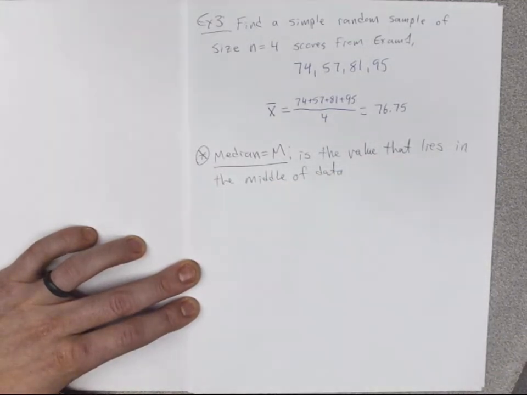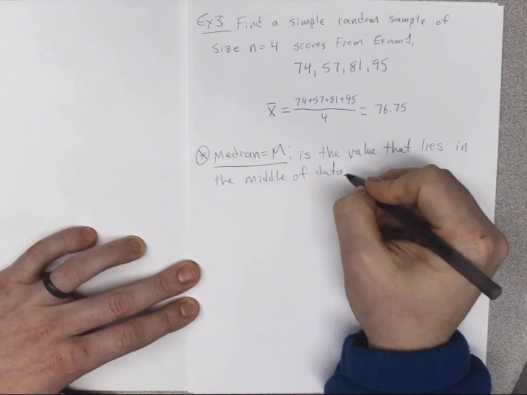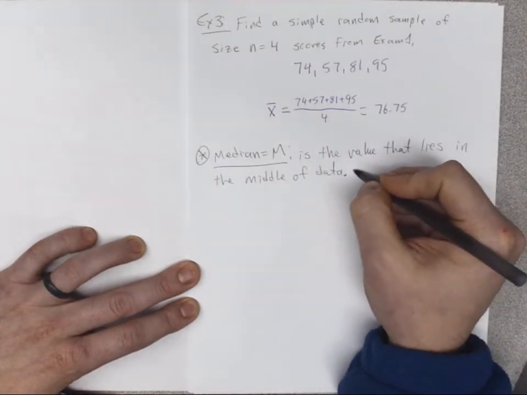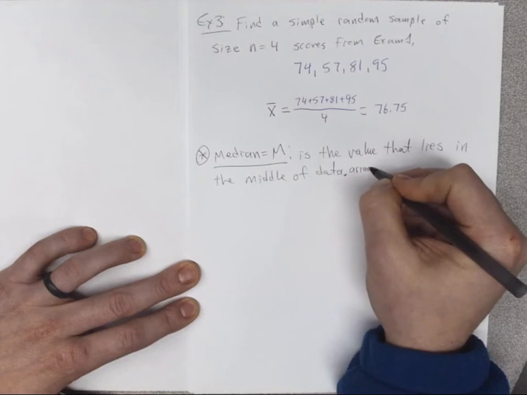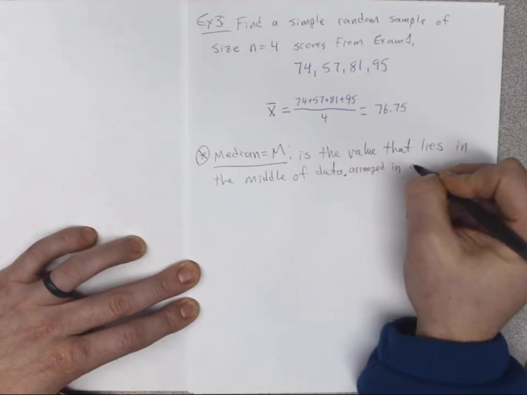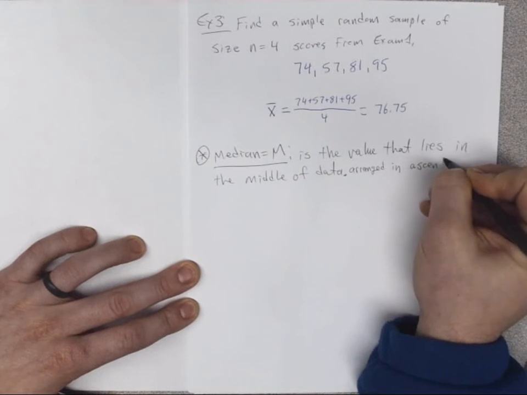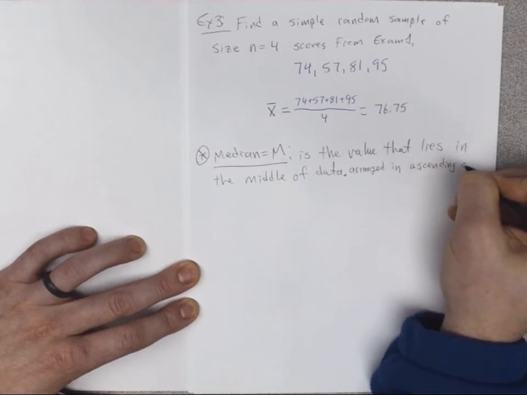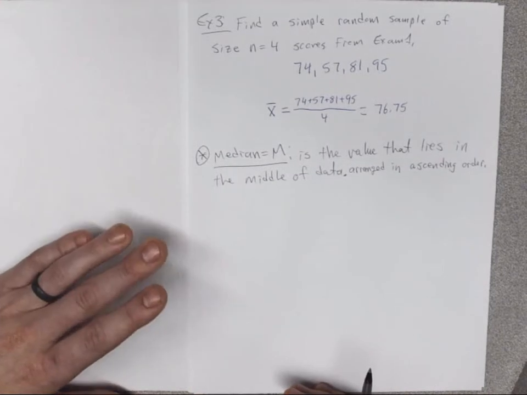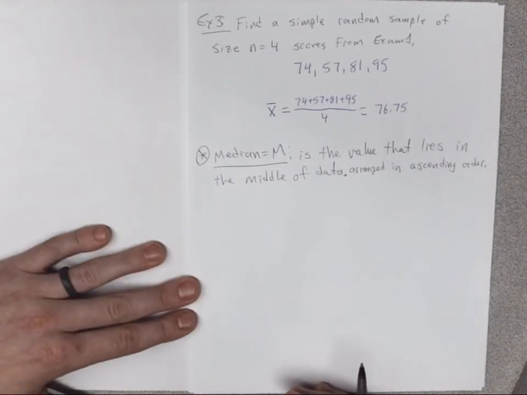All right, and I should say the value that lies in the middle of the data arranged in ascending order. And that's important. You have to rearrange the data in ascending order and then find the number that lies in the middle. So example 4.